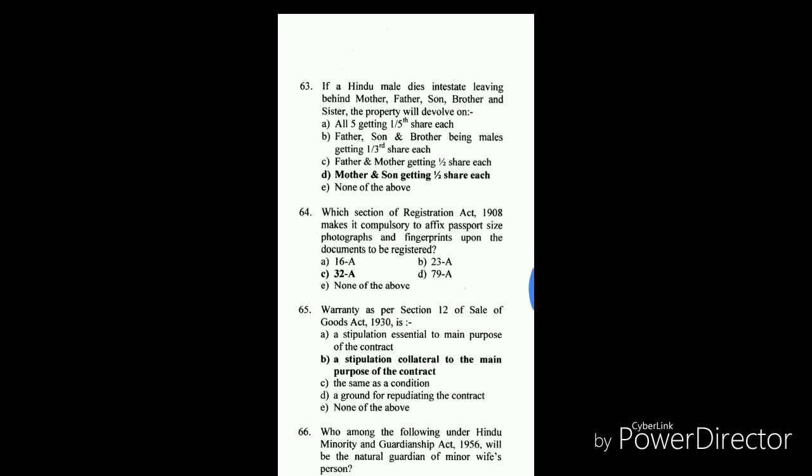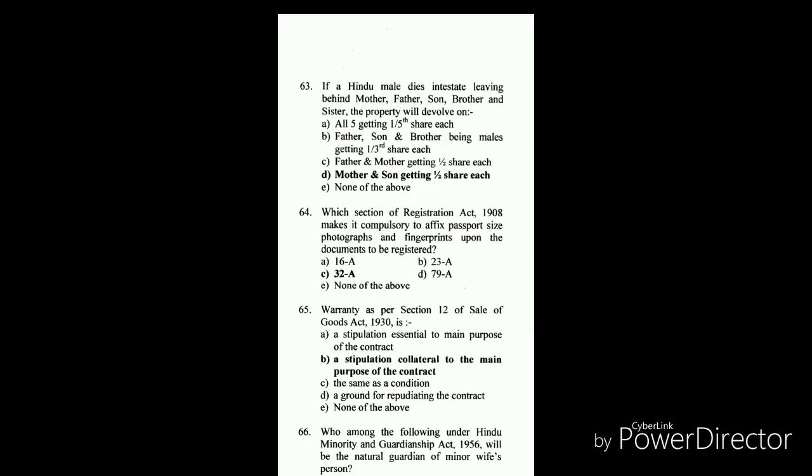One is succession through an instrument, testamentary succession, and one is intestate succession. In testamentary succession there is some kind of instrument, you can say a gift deed or will, but in intestate there is no such instrument, but it is devolved under the Hindu Succession Act, and there is a set procedure: first of all the first class legal heir, then second class, then agnate, then cognate.